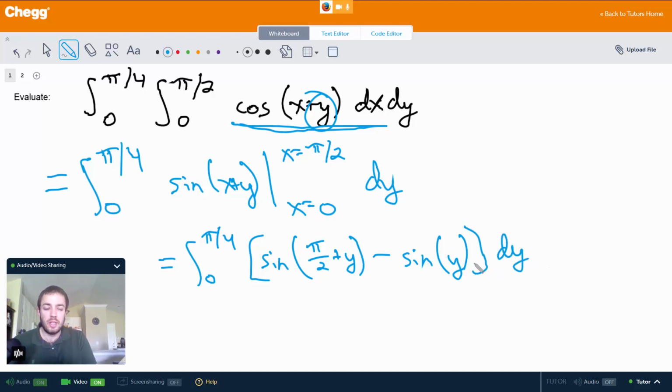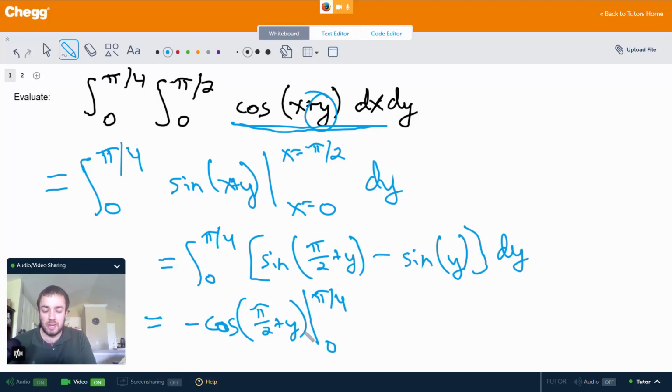All right, now this is just a plain old calculus 1 type integral, so we can just integrate as usual with respect to y. So when we do that, we're going to get... Now here we pretty much have the same kind of thing we had up here, but now we have an actual constant, pi over 2. Okay, so when we integrate this, we're going to get minus cosine of pi over 2 plus y, evaluated from 0 to pi over 4.